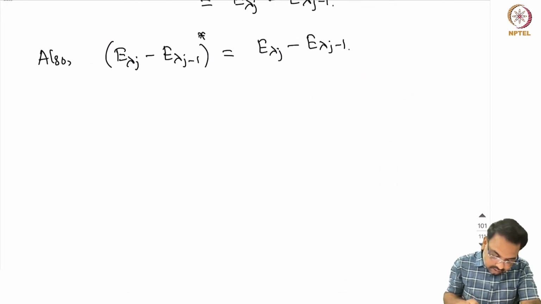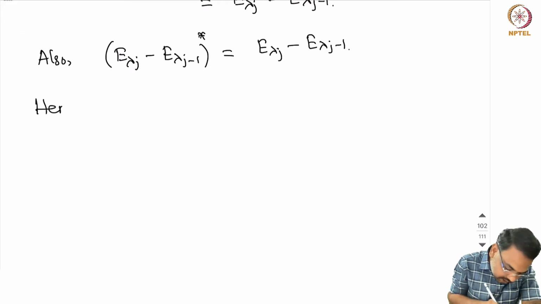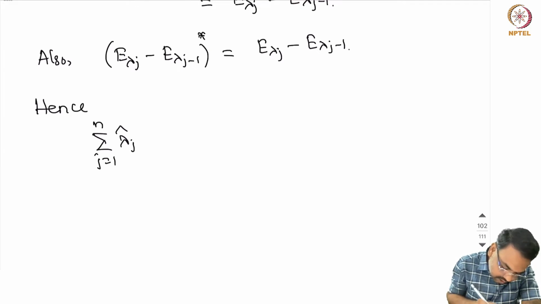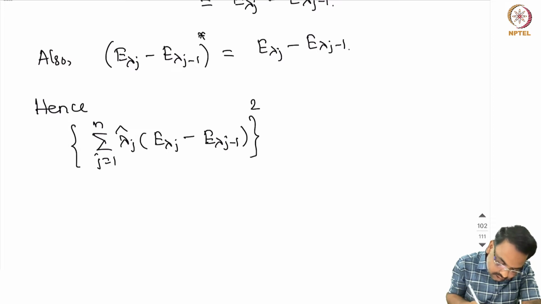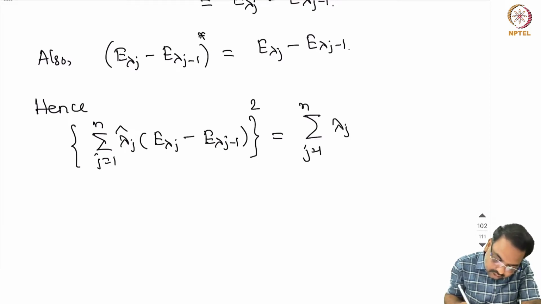Hence we can actually say that if I look at the square of summation j equal to 1 to n of lambda j times (E lambda j minus E lambda j minus 1), you will get summation j equal to 1 to n of lambda j square times (E lambda j minus E lambda j minus 1).